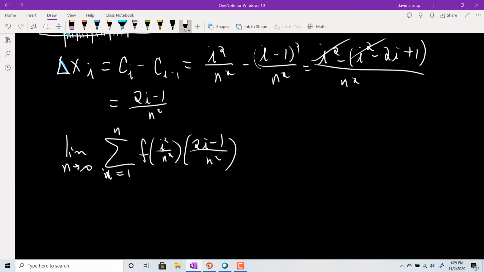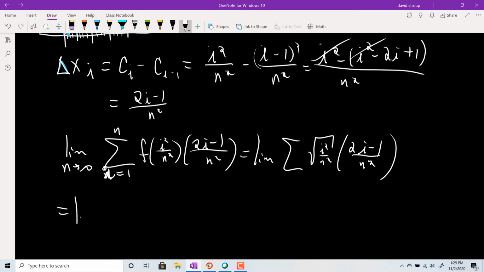Okay, so once you get it in this form, it's just like doing the work in the previous section. You're going to plug the i squared over n squared into the function. So you would end up with the square root of i squared over n squared times the (2i minus 1) over n squared.